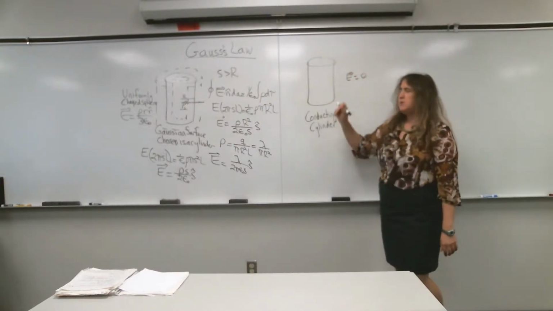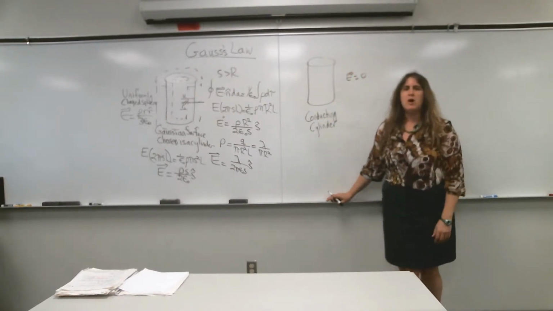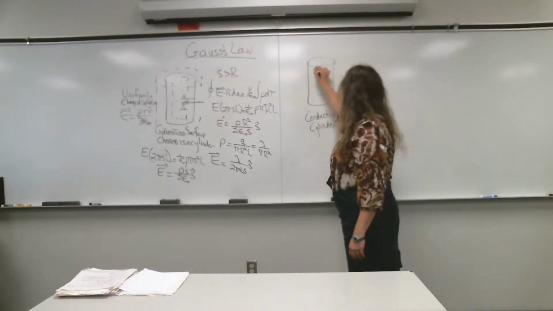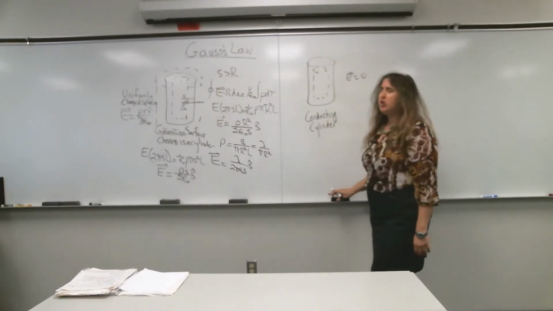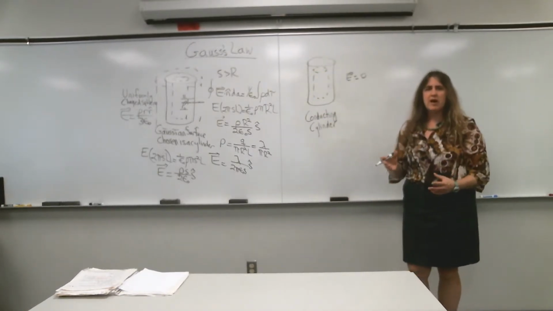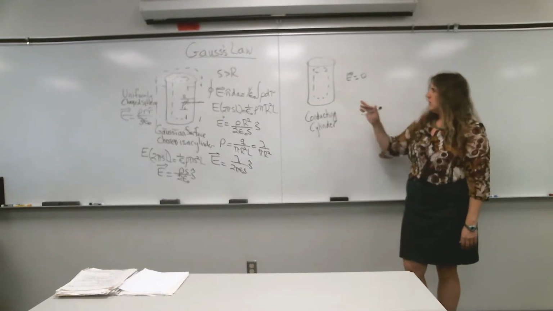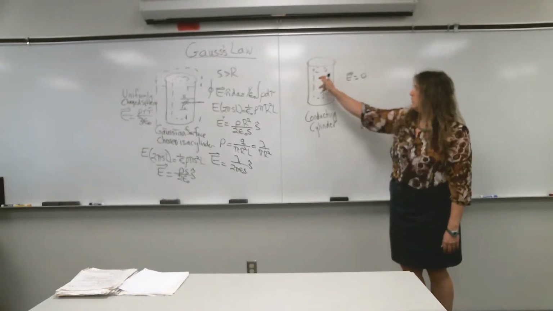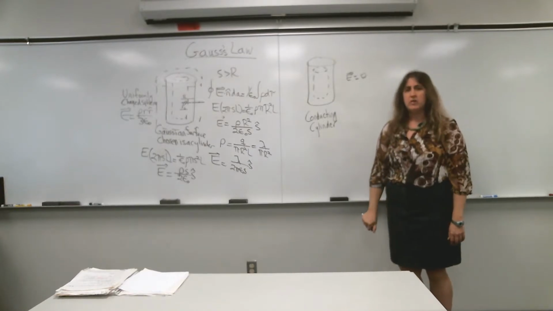What's my electric field going to be on the inside? It's just going to vanish. Why? Because any charge that exists is outside of my surface. So there's no flux going through here. So therefore your electric field vanishes.